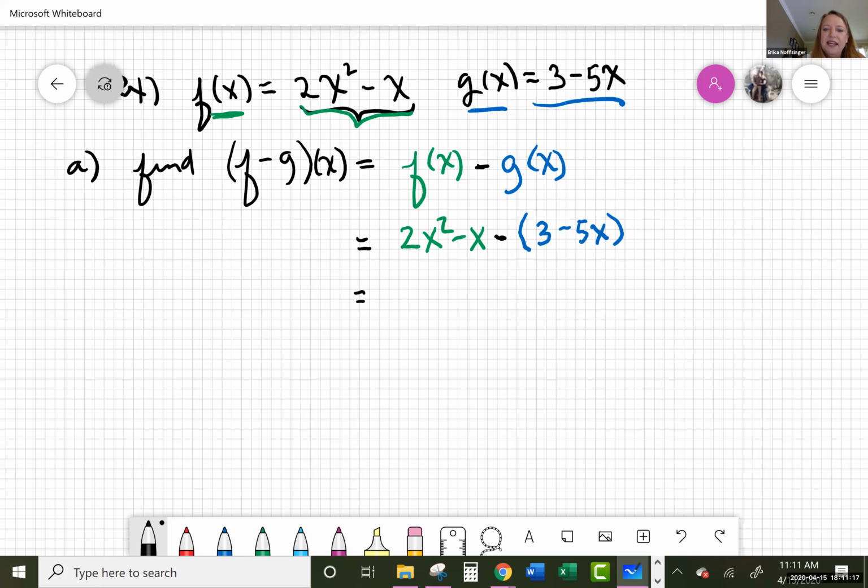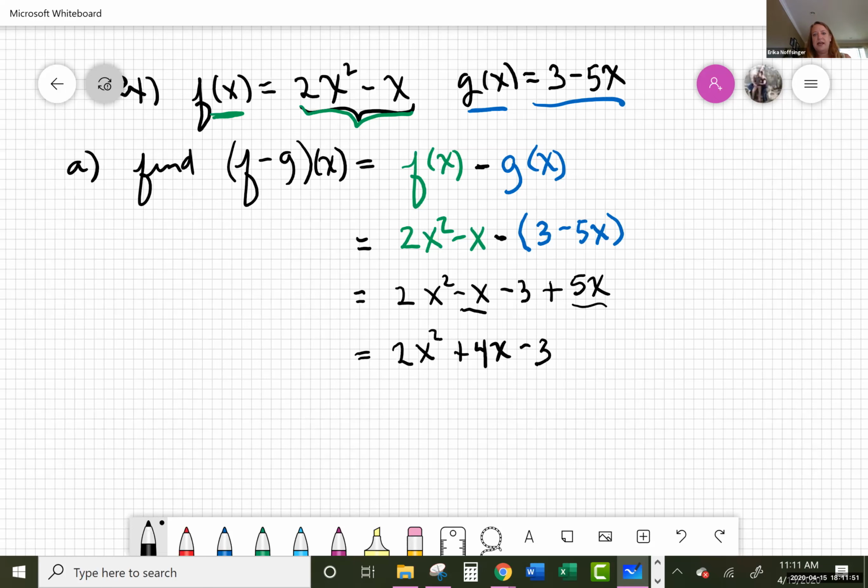So distribute our negative. So we still have the 2x squared minus x out in front. Distributing the negative, so negative 1 times 3, so that's minus 3, and negative 1 times negative 5x, so that gives us plus 5x. We want to combine like terms if there are any. I don't have any other terms with x squared besides the 2x squared, so bring it down. I have a negative x plus a 5x, so that gives me a plus 4x, and then minus 3.